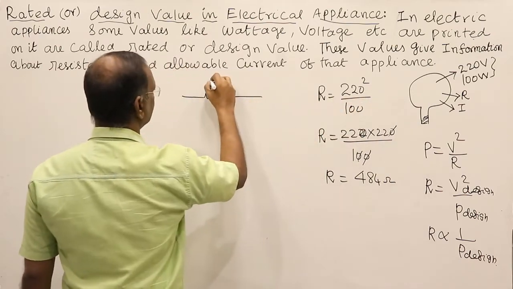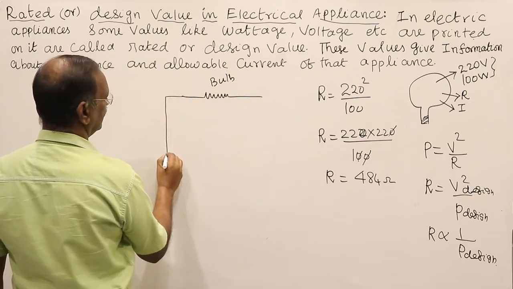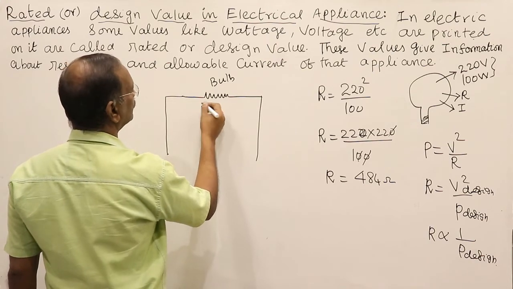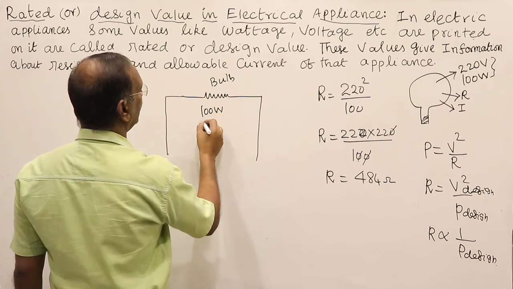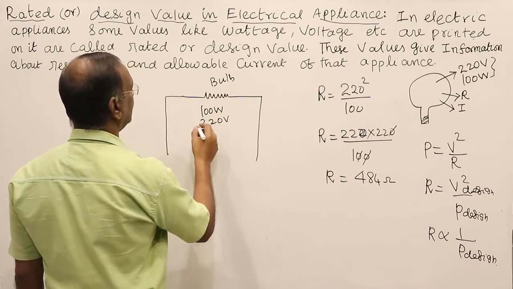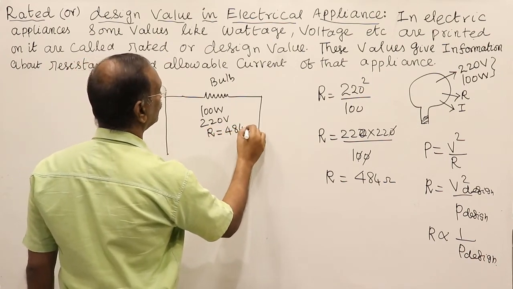It means we can substitute this bulb with a resistance. This bulb can be written as a bulb whose rated power is 100 watt, rated voltage is 220 volt, and its resistance is equal to 484 ohm.